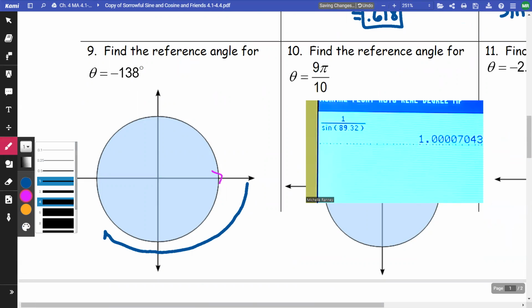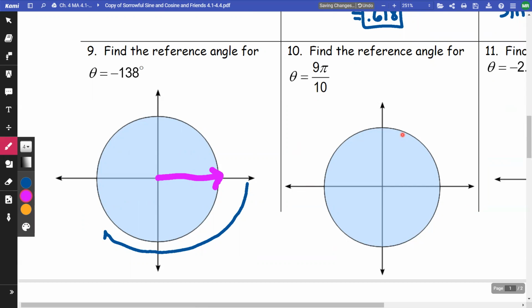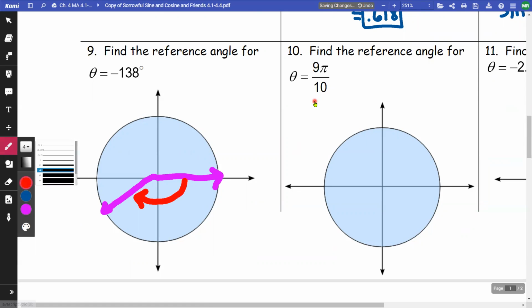I'm starting here and ending somewhere here. And I am going a negative 138 degrees.